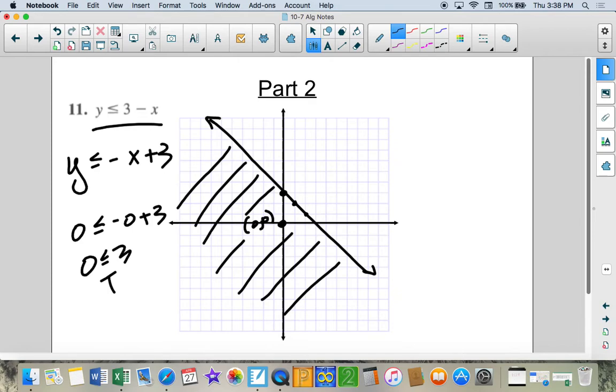What we're going to do now is put some coordinates in here. We have 0, 3, we have 1, 2, and we have 2, 1. And that's sort of the most important part that I want to see, are 3 points. You can write the equation on the line. I would love that. And then you're shading.